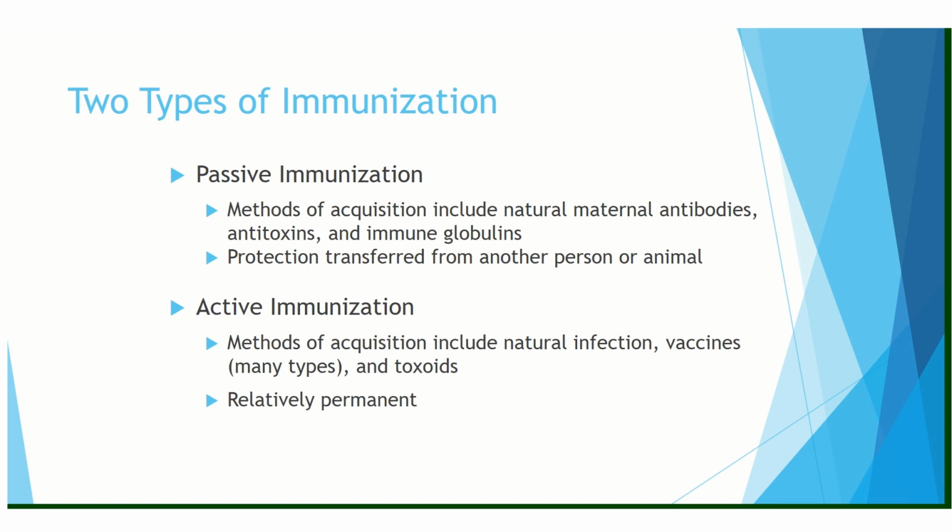For active immunization, natural infections or vaccines can make an active immunization. That means being injected with the virulent antigen can start an immunization process and make memory cells, and that's what we call active immunization. That's permanent, that's stable.